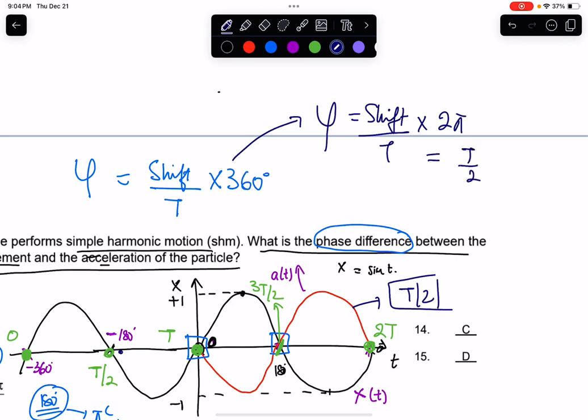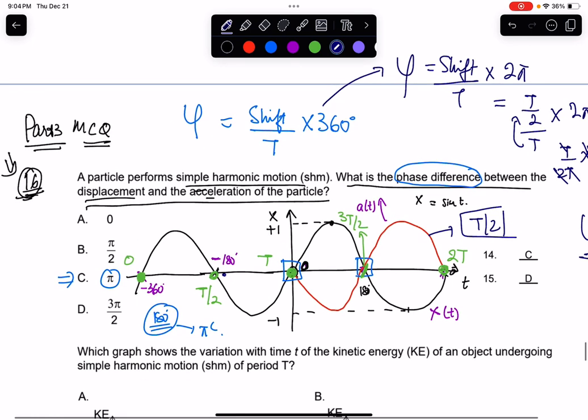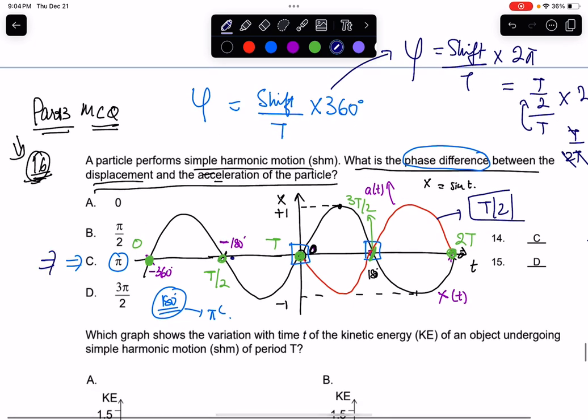We know that the shift is T by 2. You divide it by T multiplied by 2 pi, so this is T divided by 2T multiplied by 2 pi. The T and T cancel out, the 2 and 2 cancel out, and you just get phi to be pi. That's the exact same answer as what we got in the first case.